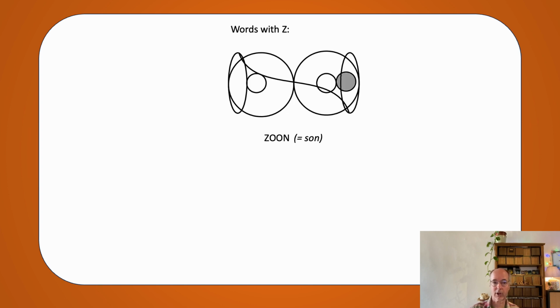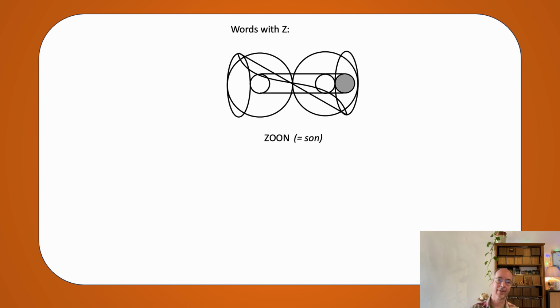ZOON, or son, sounds very similar, but it's with a double O, so we will get somewhere else. So it's the double O, and then the filled-in place there at the end.